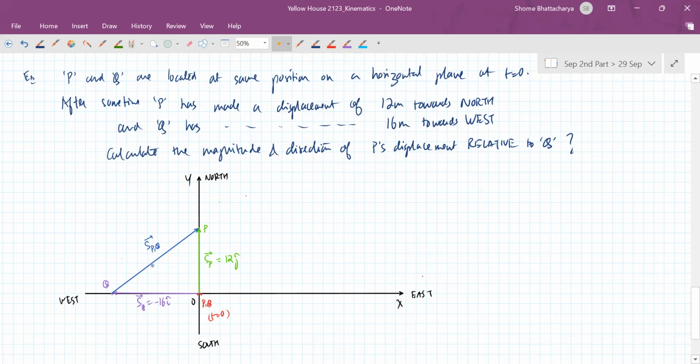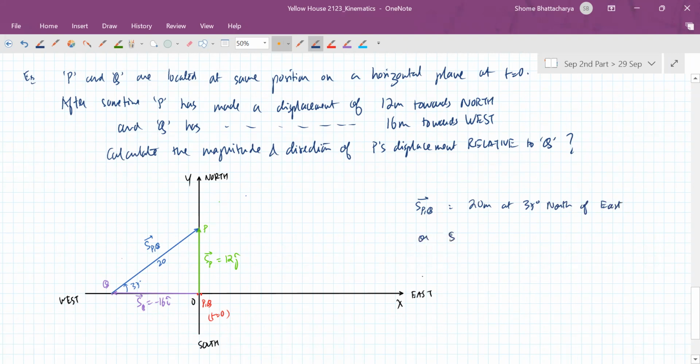And geometrically, you can see that this is 20, and this angle here is how much, 37 degrees. So you can see that the displacement of P with respect to Q is 20 meters at 37 degrees north of east.